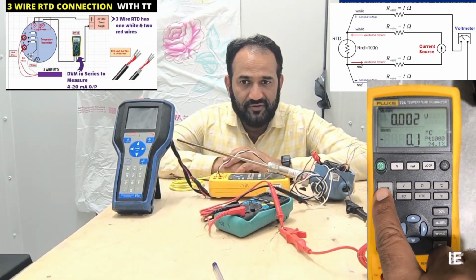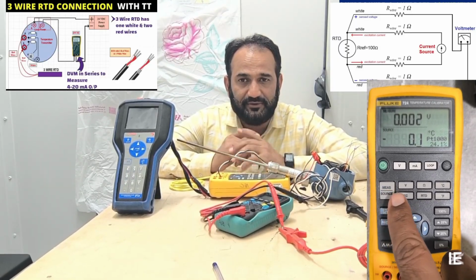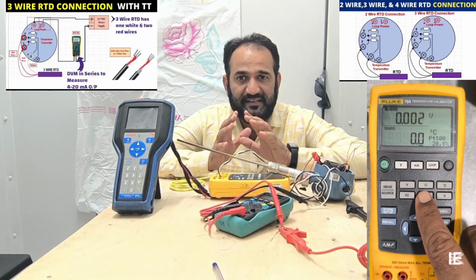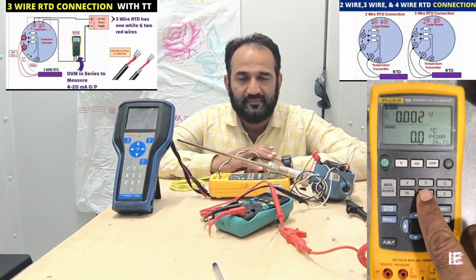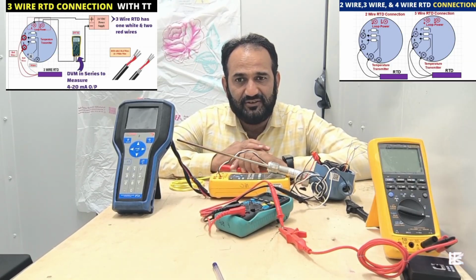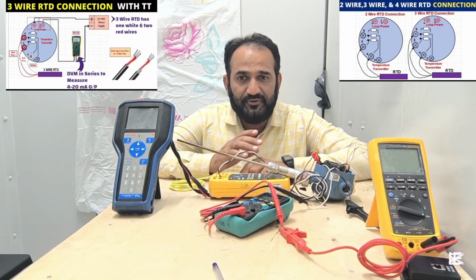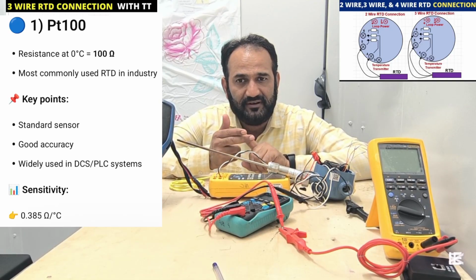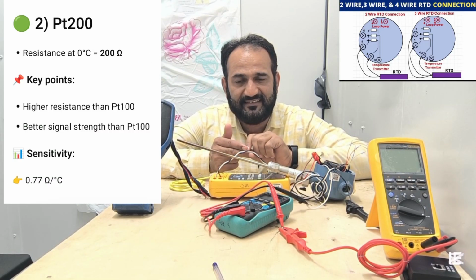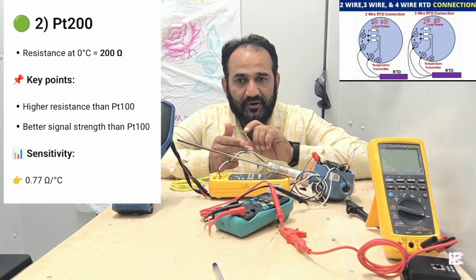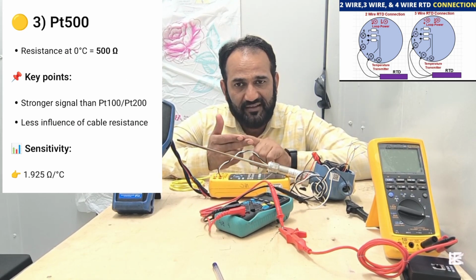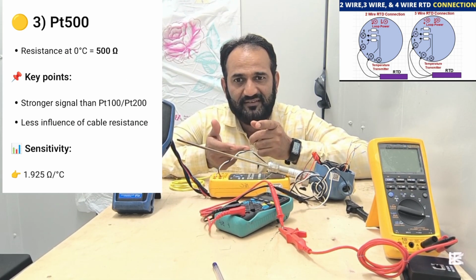Now let's discuss Pt100, Pt200, Pt500, Pt1000. Pt means platinum. Pt100 means at 0 degrees Celsius it will produce 100 ohms. Pt200 means at 0 degrees Celsius it will produce 200 ohms. And Pt500 will produce 500 ohms, or 0.5 kilo ohm.